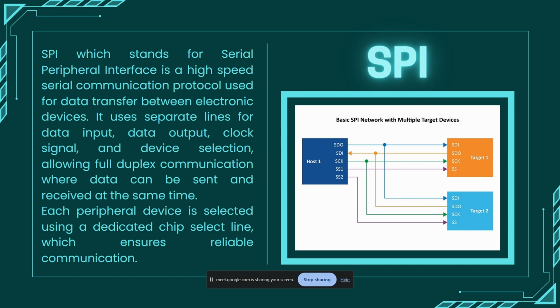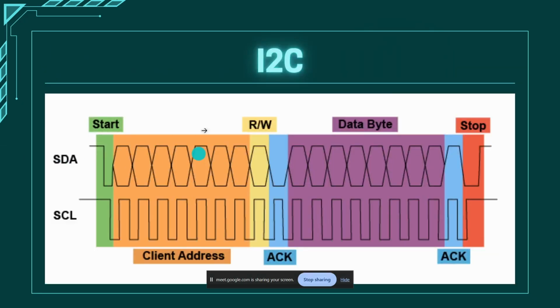But yeah, what is SPI? SPI stands for Serial Peripheral Interface. It is a high-speed serial communication protocol, and it uses separate lines for data input, data output, clock signal, and device selection. So this guy is like, oh bro, we need to do everything very quickly. He will not even put an address like your I2C.